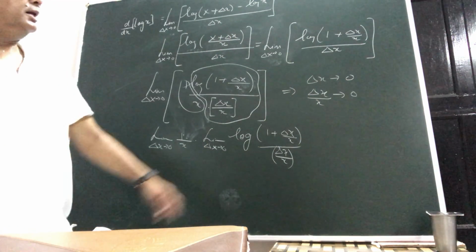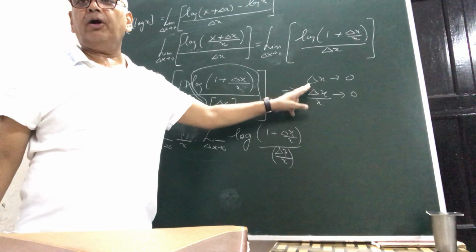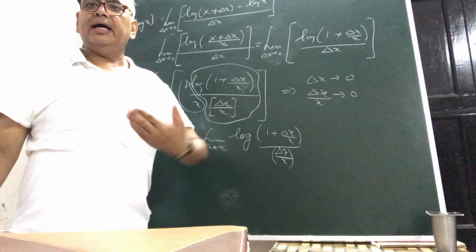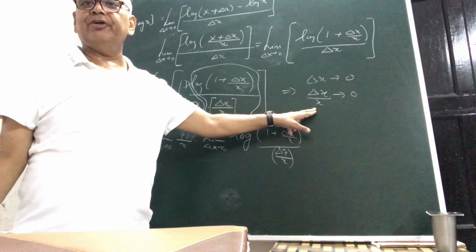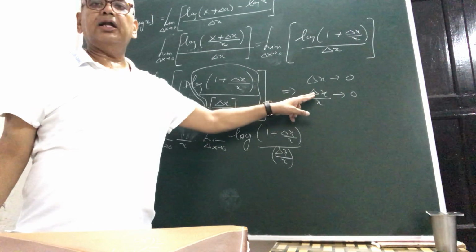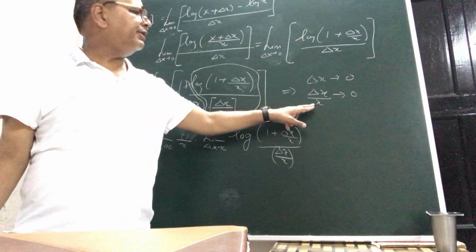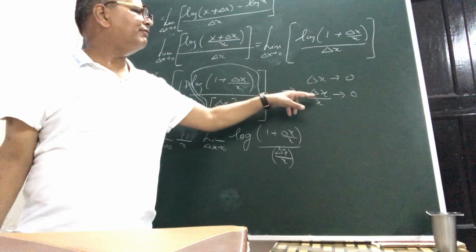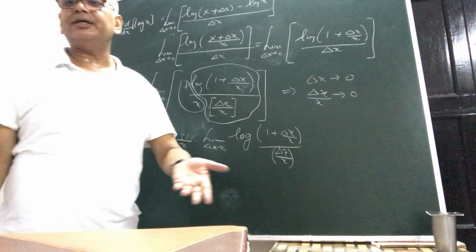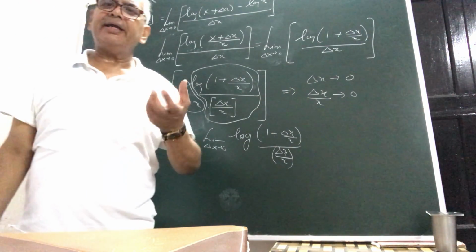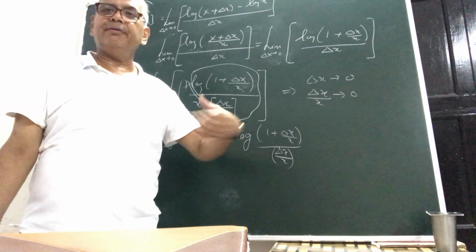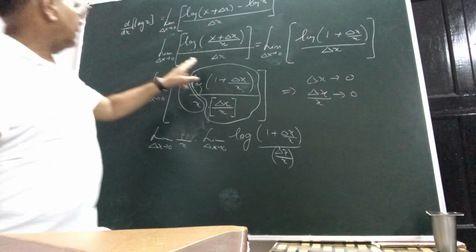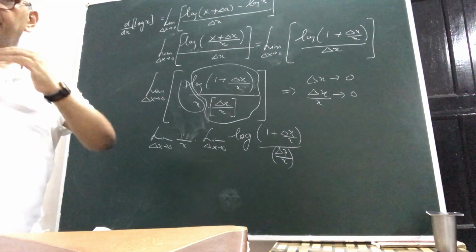Delta x is up to you, you can make it as small as you please, but x has been given one fixed value, because differentiability is being found at a point x, and x will be at a certain point.